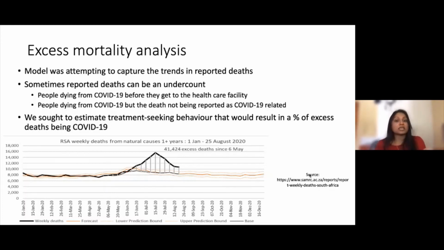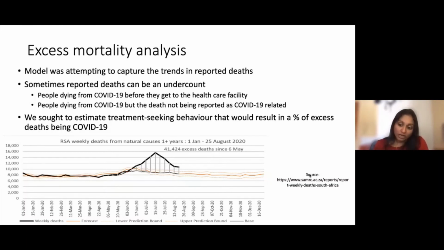Or if a person dies from COVID-19 before they get to a health facility, such deaths would not be attributed to COVID-19 and therefore unreported. And so we decided to incorporate this excess mortality analysis into our models. And we did so by estimating treatment-seeking behavior that would result in a proportion of the excess deaths being COVID-19.